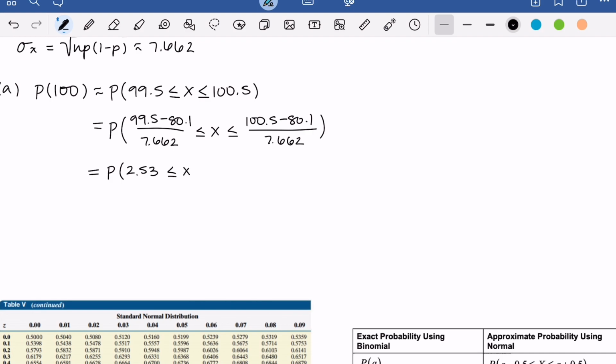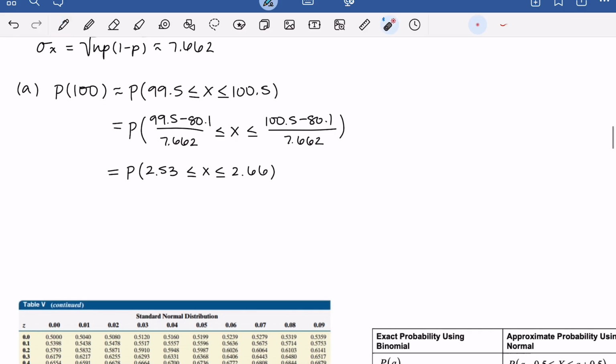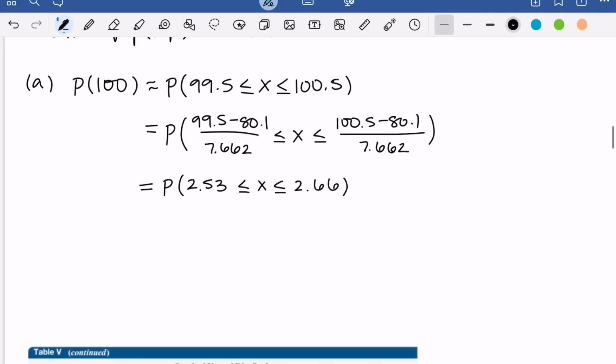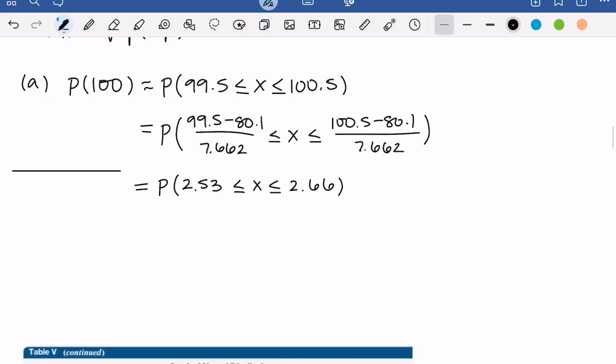Okay. Doing so, we're going to get z-scores of 2.53 and 2.66. Okay, so what's happening here is we transform these x values into these z-scores. So now we need to find the area under the curve corresponding to these z-scores. So let's see if we have room to draw our normal curve here.